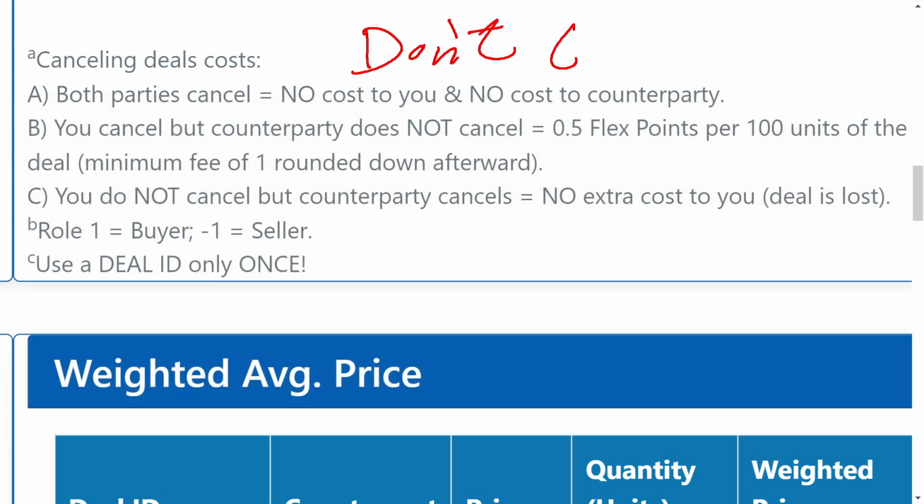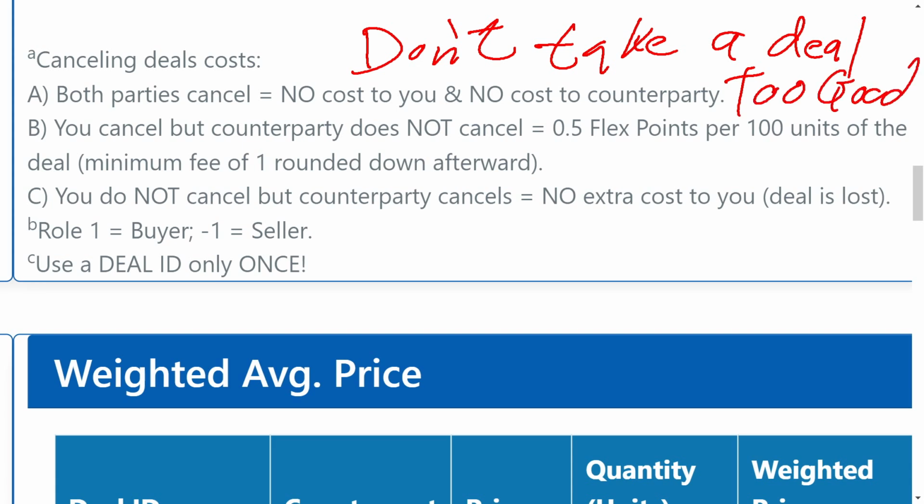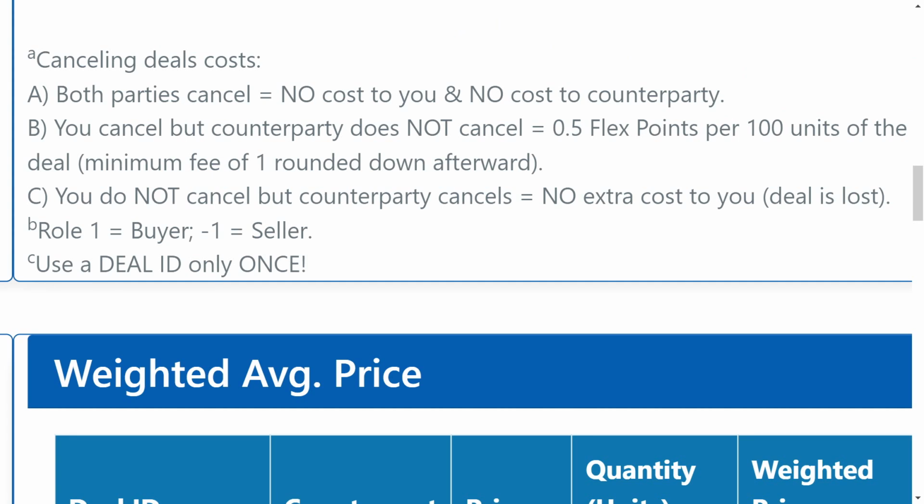Don't take a deal that is too good to be true. Why would a deal be too good to be true? Probably the other side is making a mistake. Probably they don't understand something. They type something wrong. Maybe they're not paying attention. They're not really looking at the app and how it works.